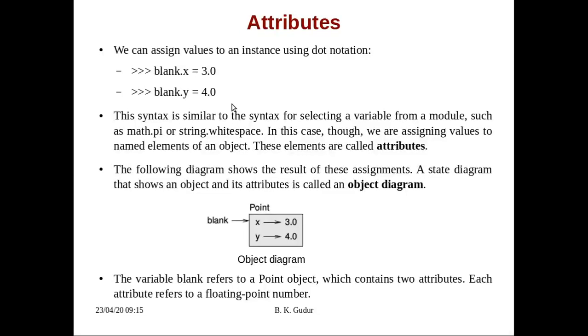Because class Point is going to represent a 2D point, there should be two variables which represent the two coordinates of a point, namely x and y. For that purpose we can create two variables by writing blank.x = 3.0 and blank.y = 4.0.